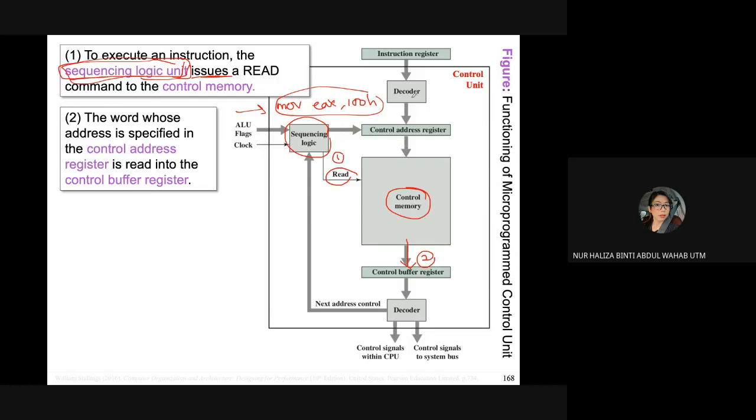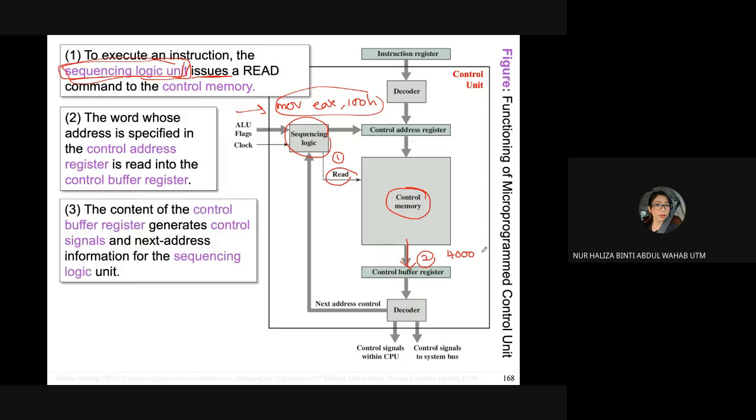So let's say, I give you an example, your initial value is 4,000. So you will read this address first and put it into your control buffer register. And after that, the control buffer register will generate control signals and next.